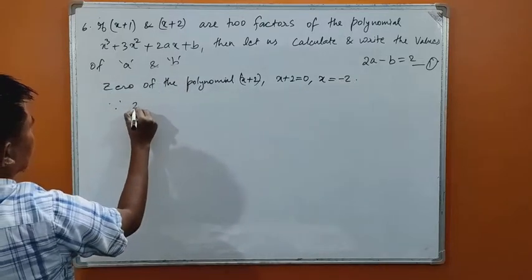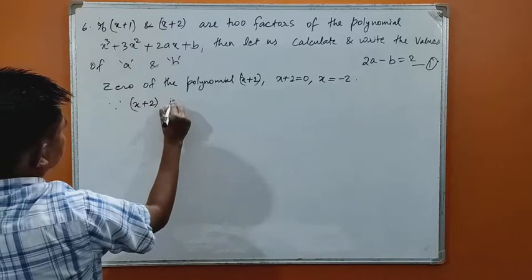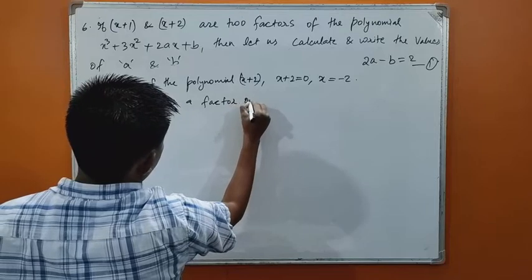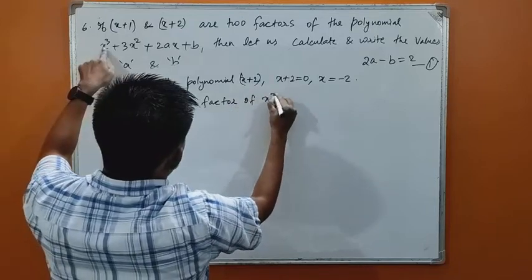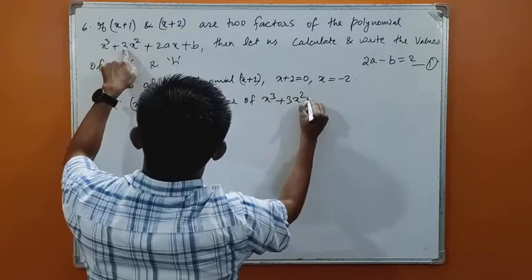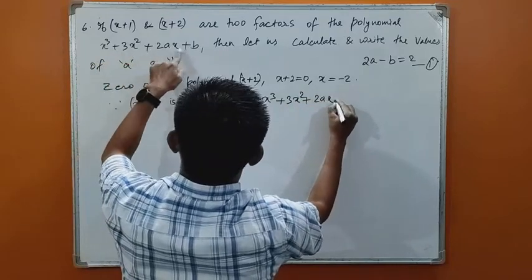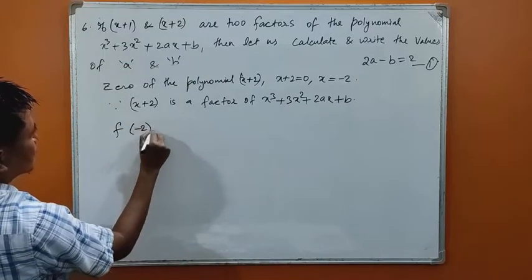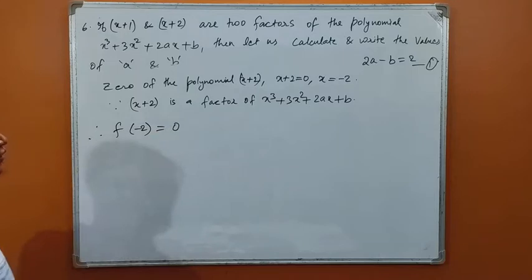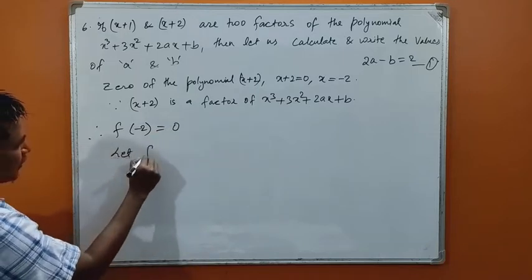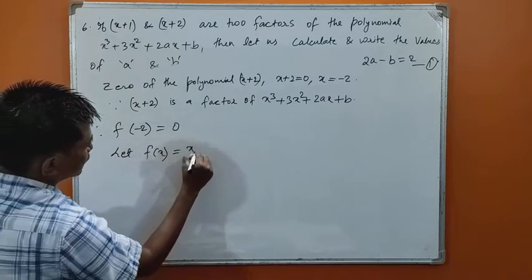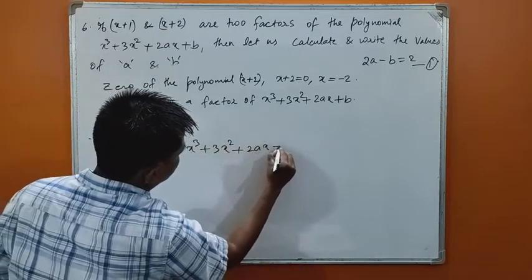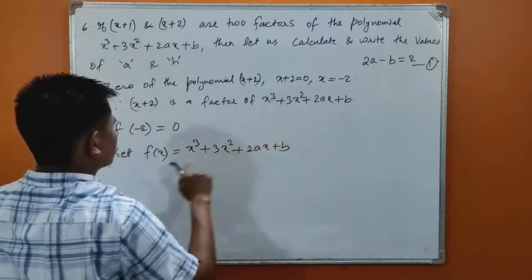Since x plus 2 is a factor of x cubed plus 3x square plus 2ax plus b, f of minus 2, that is the remainder, should be equal to 0, isn't it? Let f(x) equal x cubed plus 3x square plus 2ax plus b. f(x) equals this, okay?